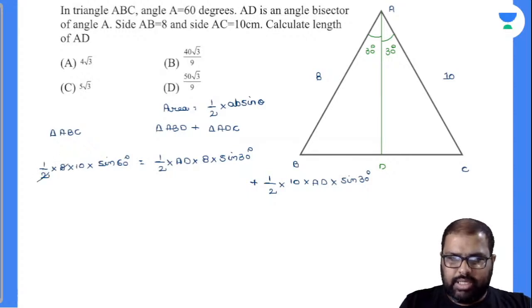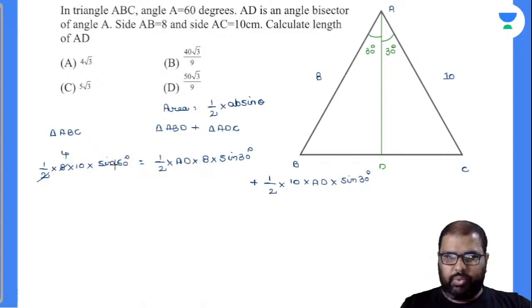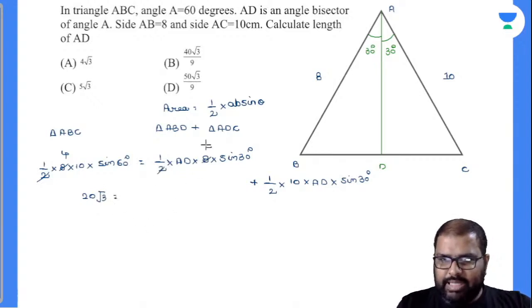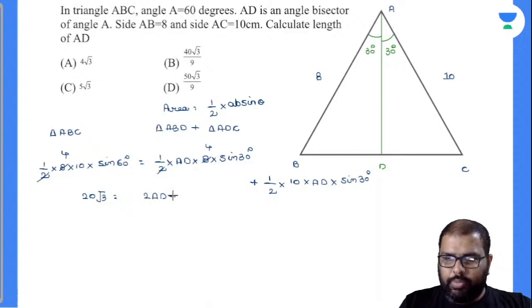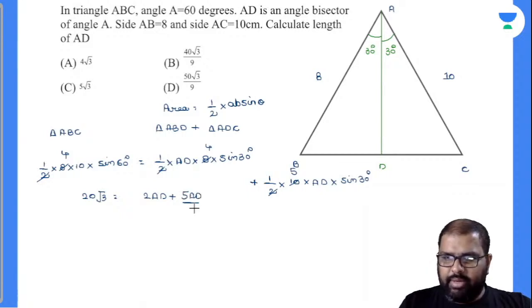So 2 fours are 8, sin 60 is root 3 by 2, so half into 8 into 10 into root 3 by 2 is 20 root 3. This is equal to half into 8 into AD into sin 30, which is 1 by 2, so 2 AD, plus 2 fives are 10, so 5 AD into sin 30 is 5 AD by 2.